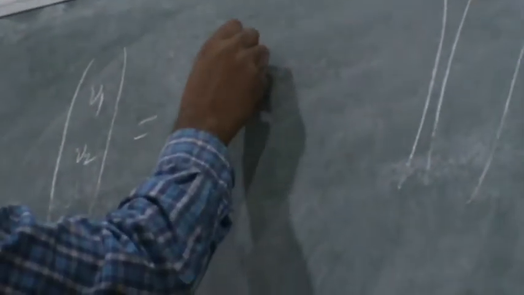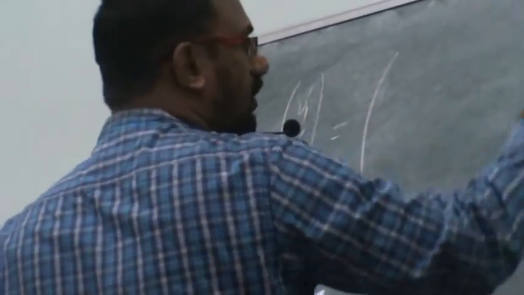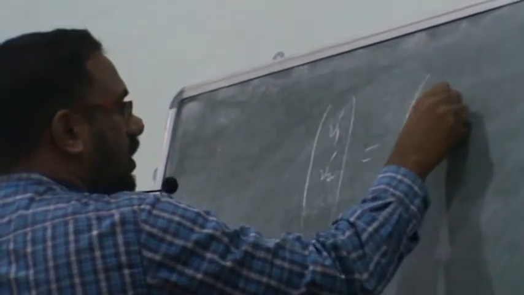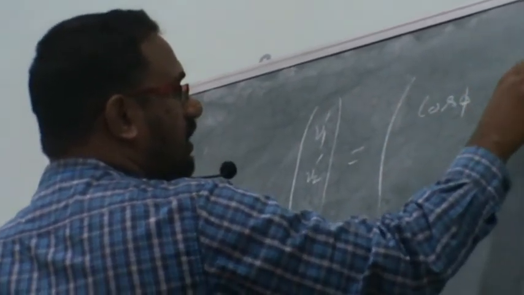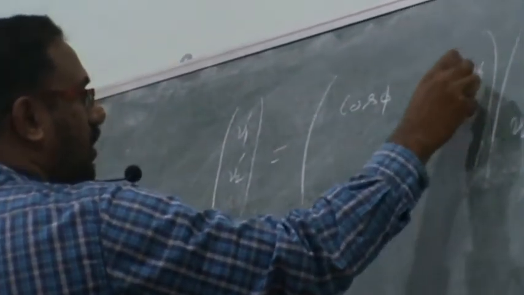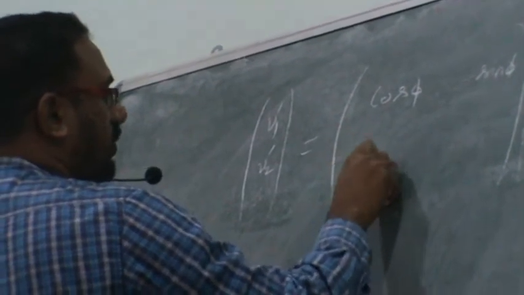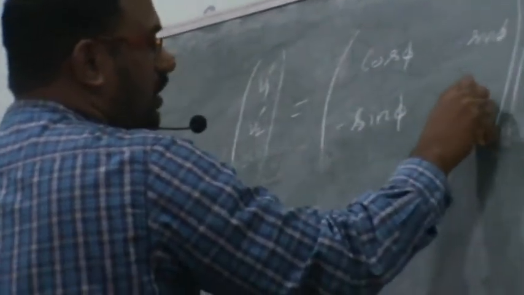So a 2 by 2 matrix, where this is the primed coordinates, this is the unprimed one, and this is cos phi, and this is simply sin phi, and this is minus sin phi, and this is cos phi. This is the 2 by 2 two-dimensional rotation matrix.